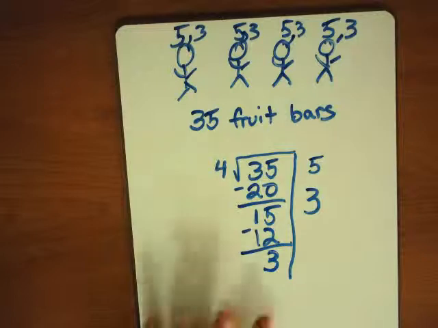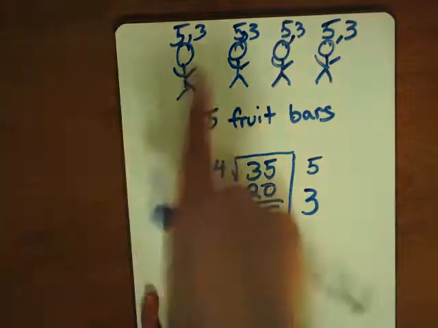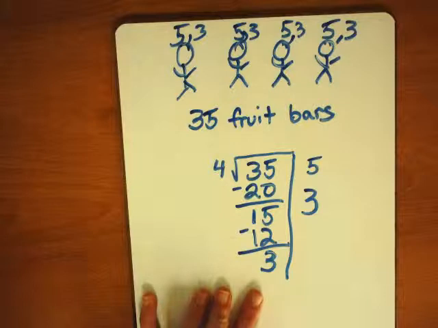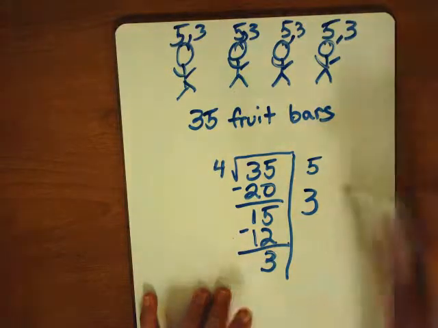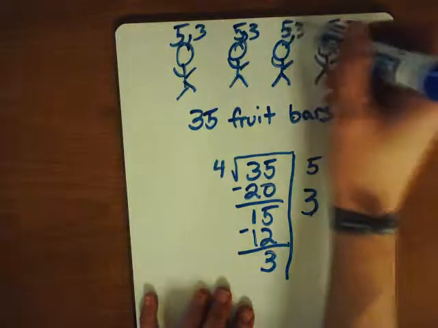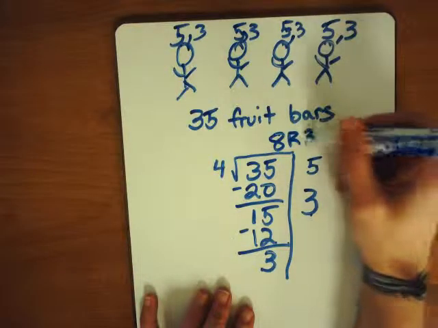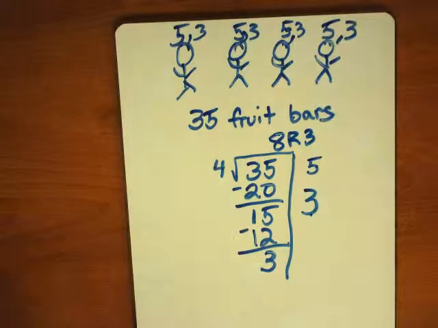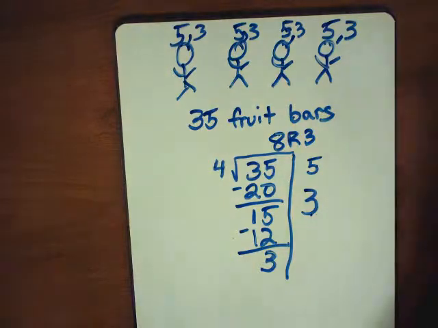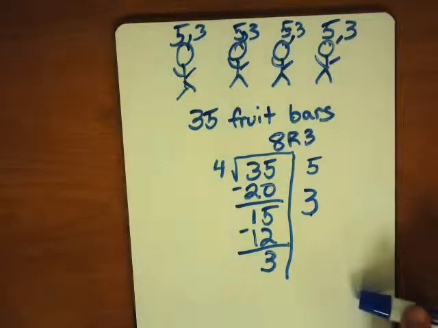Okay? So can I divide 3 evenly among these 4 boys right here? I can't. So right now, I'm looking at an answer of 5 plus 3. Each of them was given 5 first and then 3. So 8 with a remainder of 3. But when we think about, am I going to ignore this, express it as a fraction, or am I going to end up rounding it up?